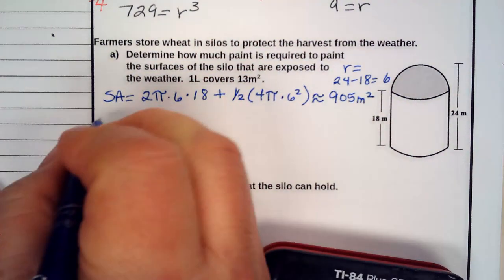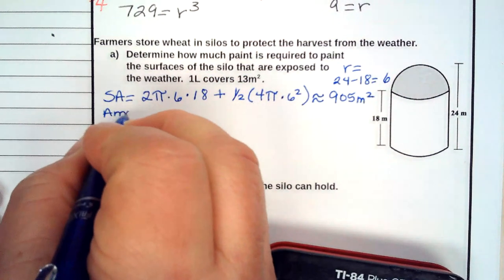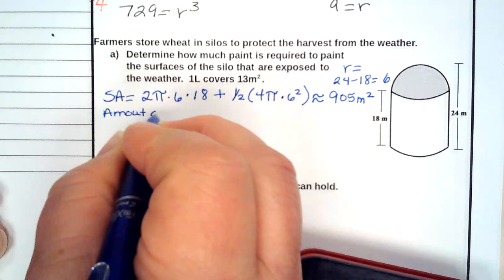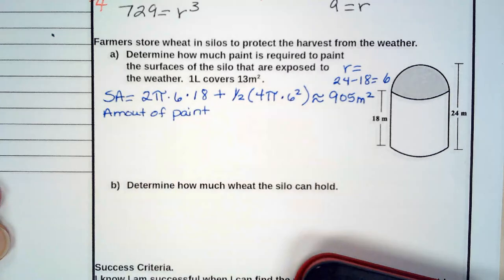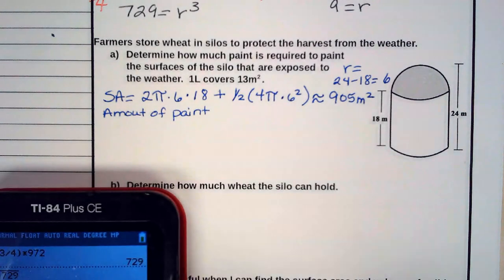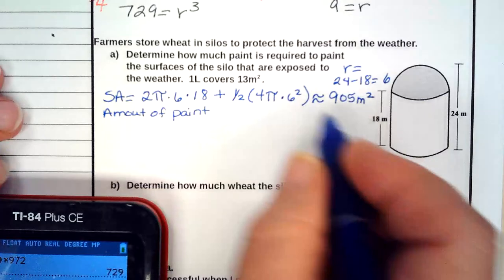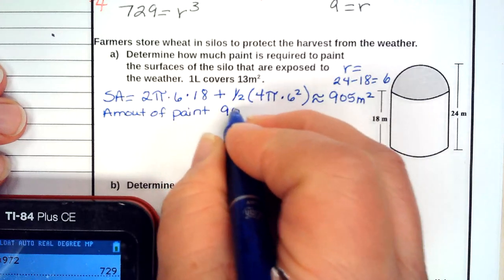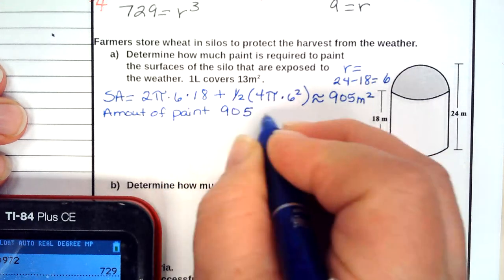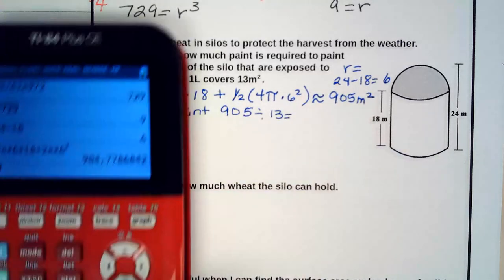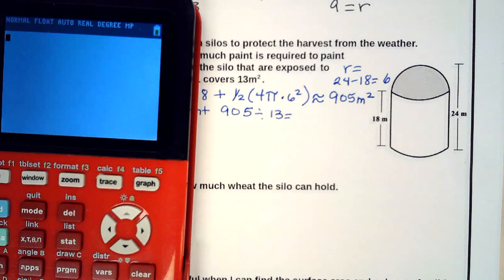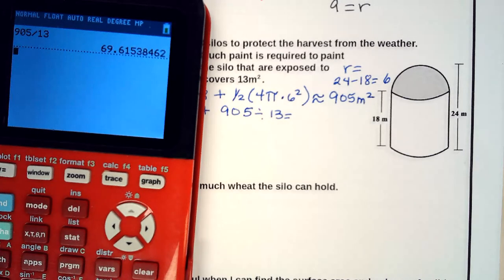So for paint, first thing you're going to have to do is to take 905 and divide it by 13, because this will give us how many liters we need. And we end up with 69.6.